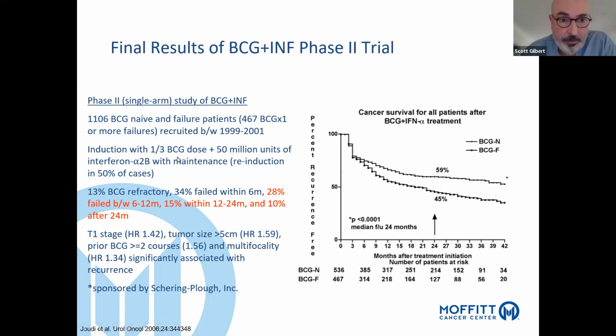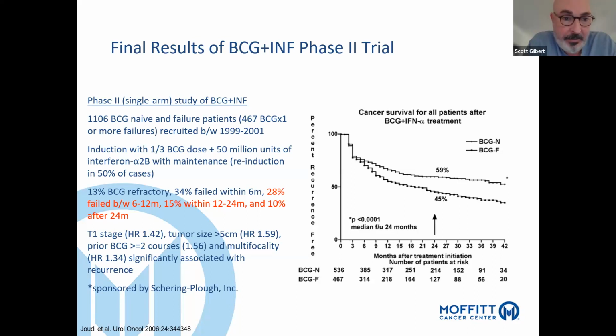But the induction was a third dose of BCG and 50 million units of interferon alpha 2B with maintenance, and 50% of the patients on the study required a reinduction. And there was a mixed group of patients. So 13% of patients at the beginning of the study were BCG refractory. So a lot of these were not adequately, quote unquote, treated with BCG prior.